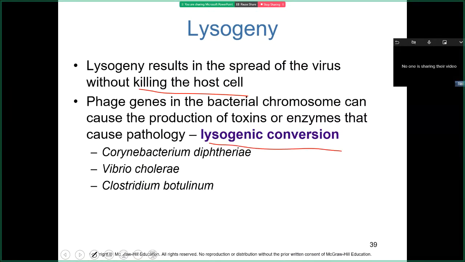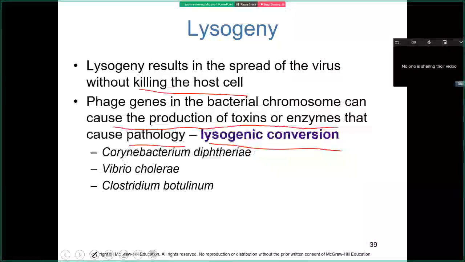A bacterium is infected with a temperate phage, and there's formation of the prophage, the combination of nucleoid and viral DNA. By virtue of where the viral DNA inserts into the bacterial chromosome, it can alter how that bacterium functions and cause it to start producing toxins and/or enzymes that can cause disease, pathology.